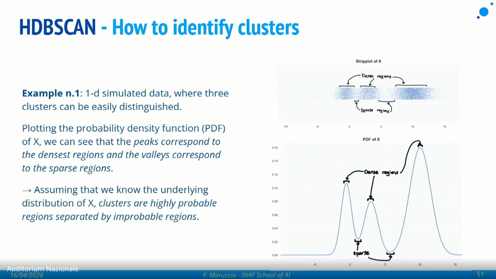Okay, it is the definition that we have just given in the previous slide. So in this case, if we look at the PDF, the probability distribution function of the same variable, we can see that we have 3 peaks. And then we have the sparse regions that are those at the bottom of the distribution, right?